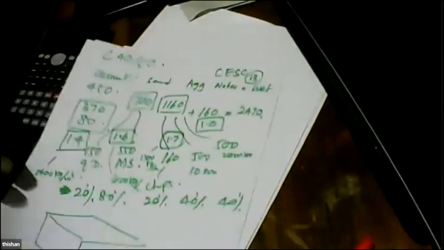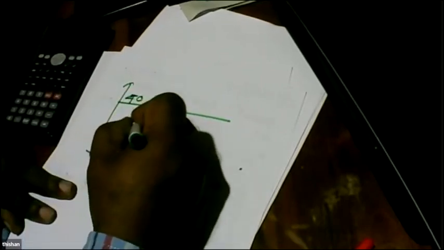So we go for a curve like this, a strength curve. So this is 40. This is 40. And we go for a curve like this.